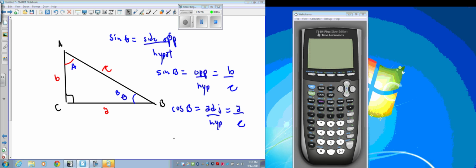Now tangent for B. Remember that when we talked about it, we said it was y over x. Well, for this one, it's going to be opposite over adjacent. So if we take the letters, it's b over a.